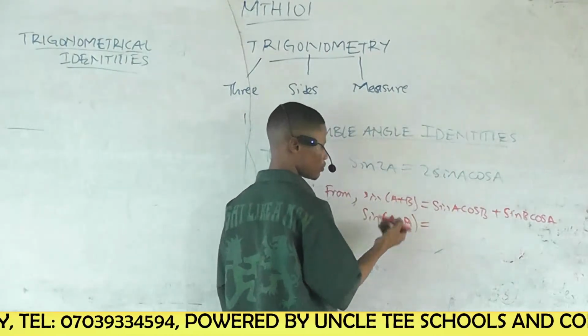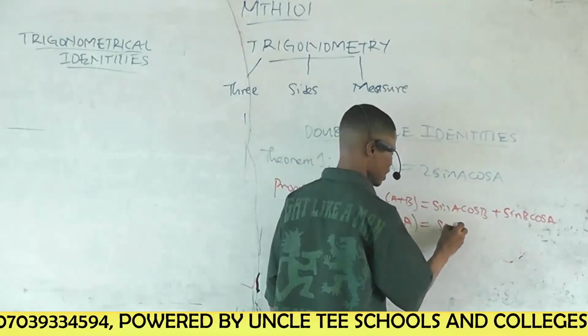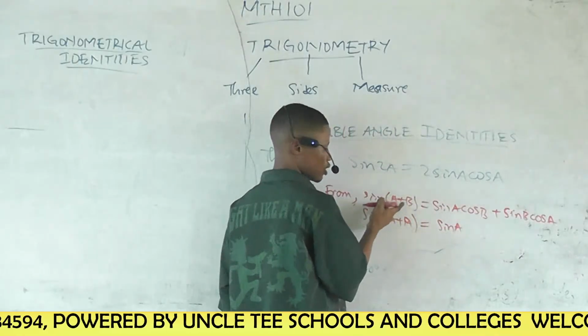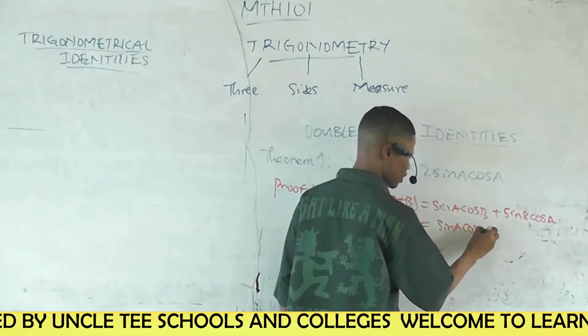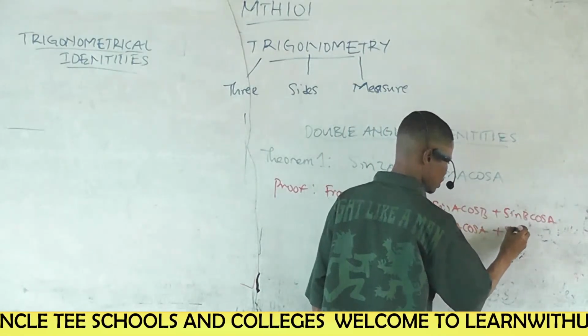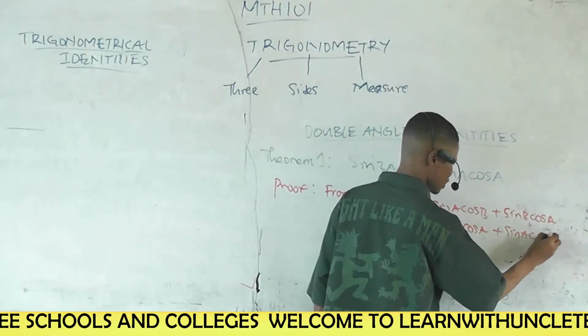So sine A plus A is equal to sine A cos A plus sine A cos A.